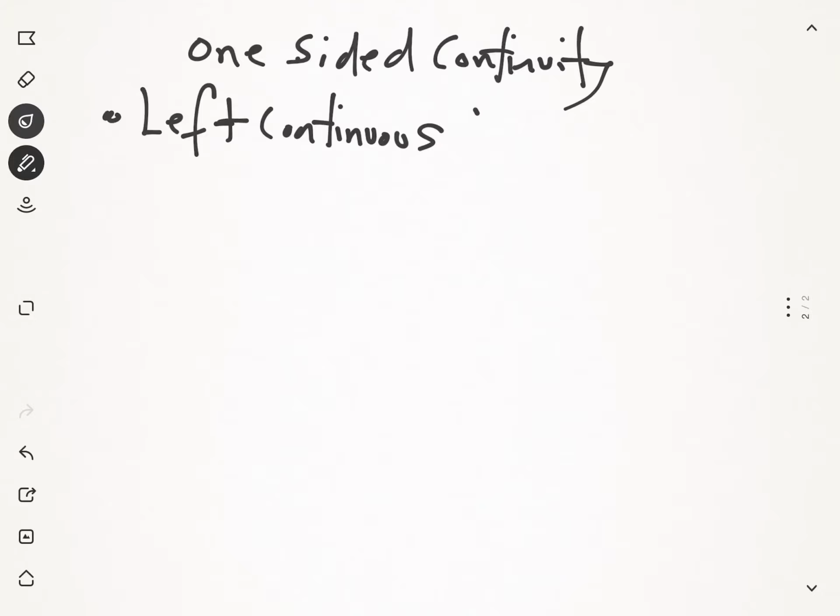We're going to write the limit as x approaches c from the left of this function equals f of c. So let's write this down.